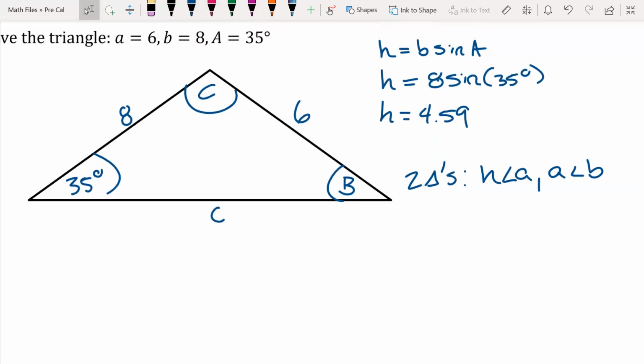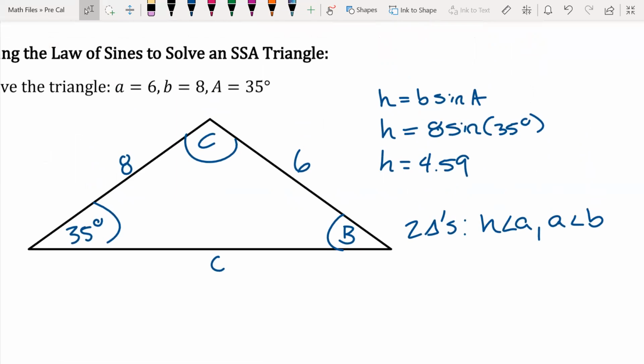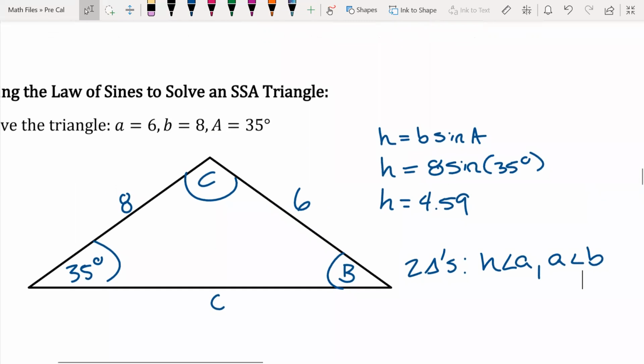So we're going to have to figure this out. Based on the diagram from our ambiguous cases, this is the way we're going to have to draw it. I shouldn't have dashed it. Oh, well.